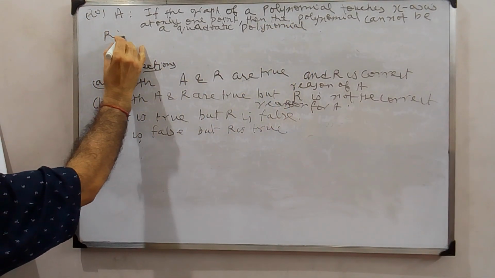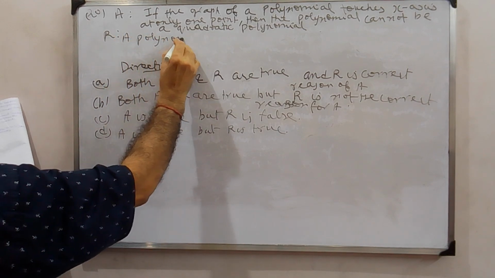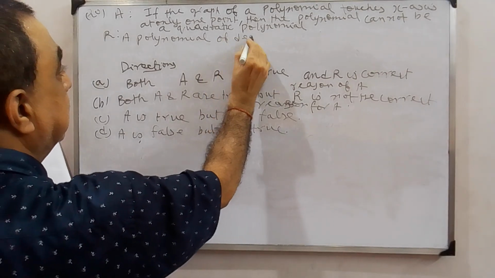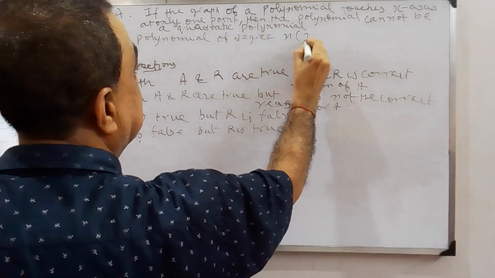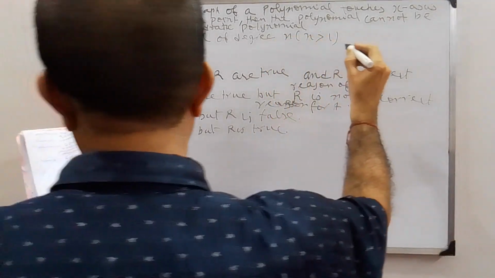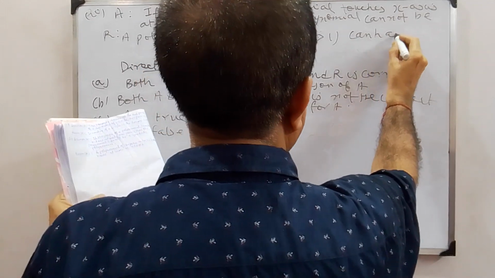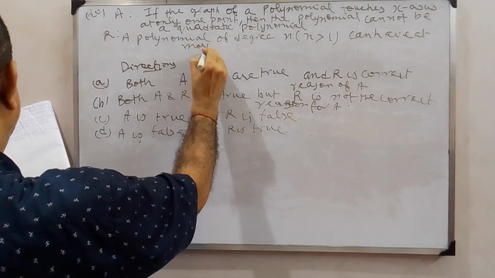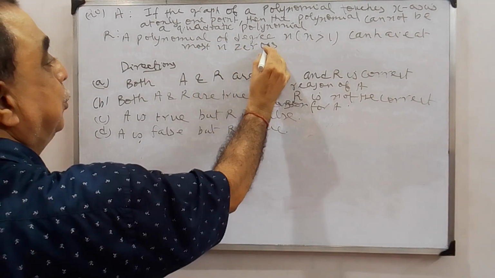What is the reason R? A polynomial of degree n, where n is greater than 1, can have at most n zeros.